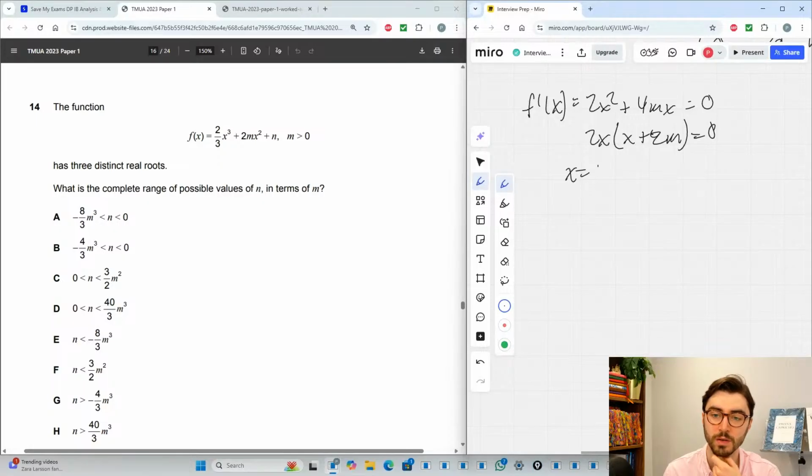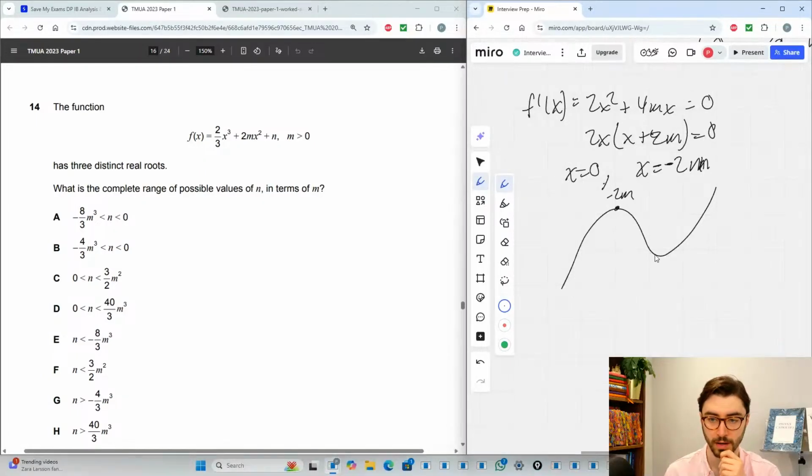So either x equals 0 or x equals minus 2m. m is positive, so this one is definitely a negative number. So it is definitely minus 2m there and 0 there.